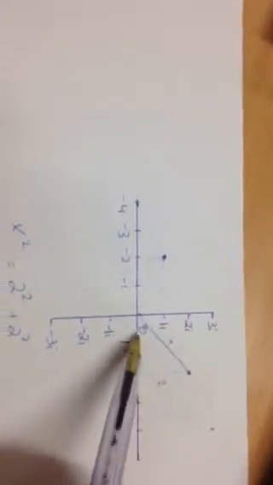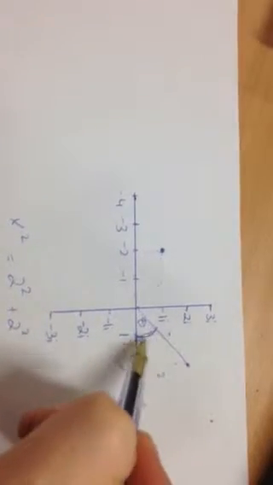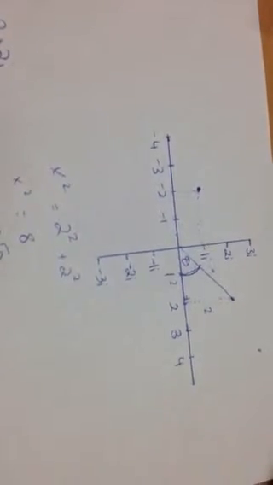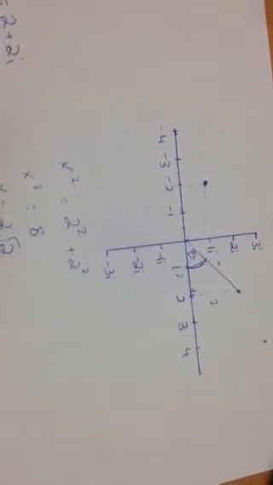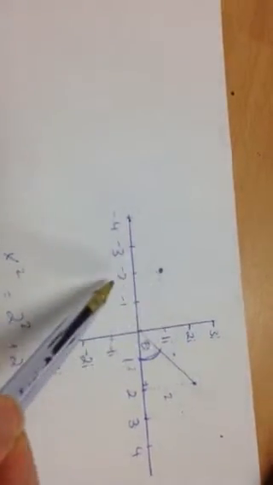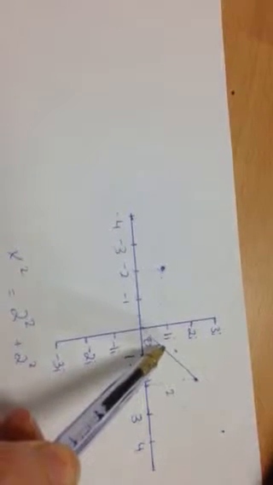We also have something called general polar form. I could describe that point with the angle being 45 degrees away from the positive side of the x-axis. But I could also describe it as 405 degrees away from the positive side of the x-axis.